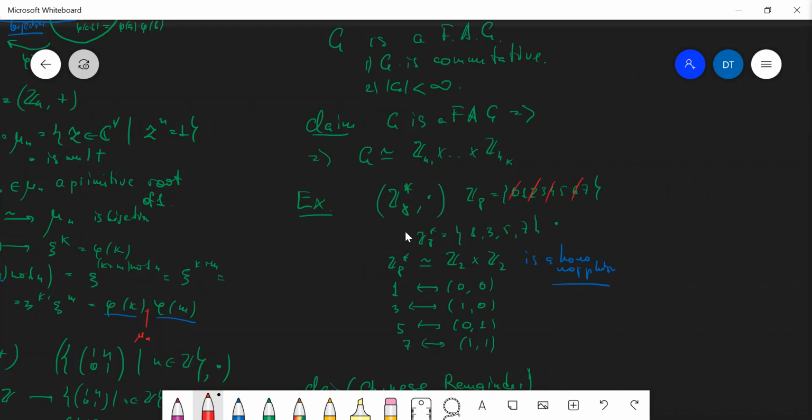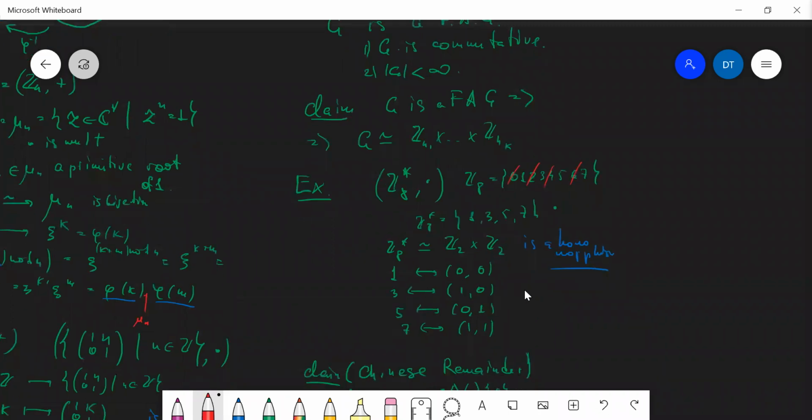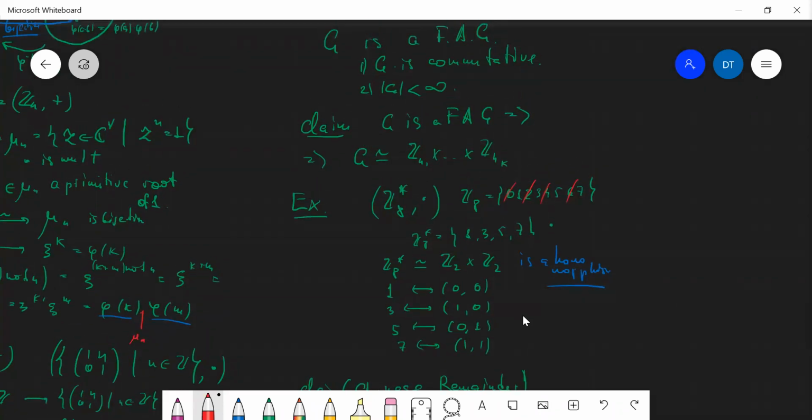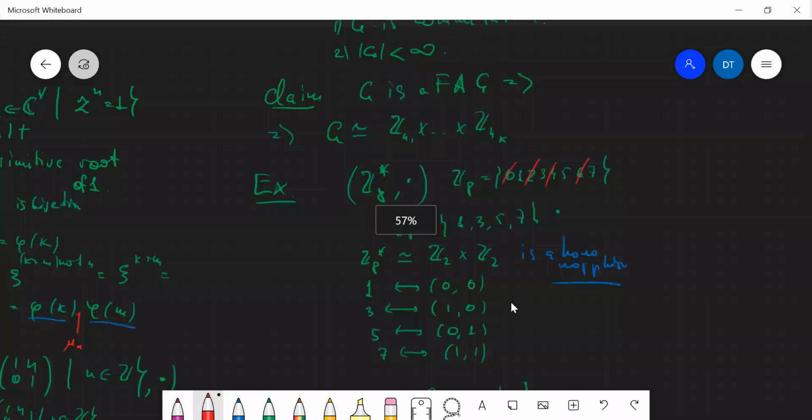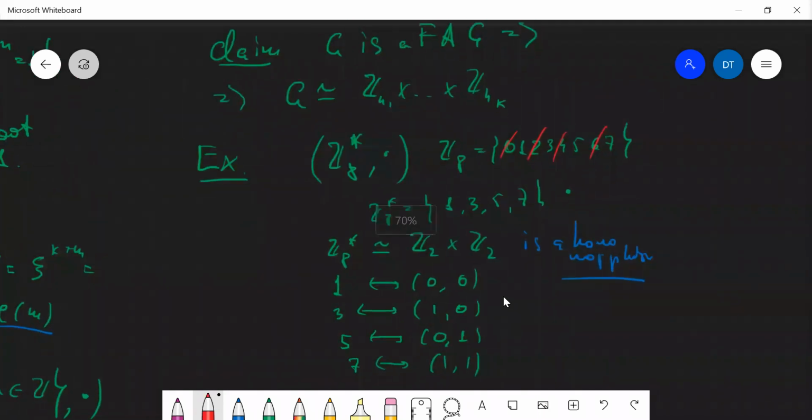That's the definition of Zn star: you take all remainders coprime with n. We had this definition today for the first time, because during last seminars and lectures we didn't really discuss that it's only coprime ones.